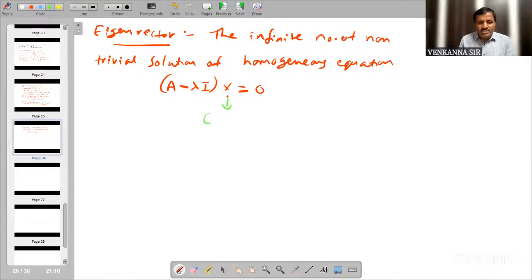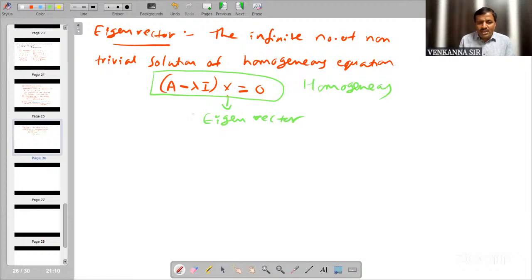This x is the eigenvector. A minus lambda I times x equal to 0 is a homogeneous equation, and this capital X is going to become an eigenvector.